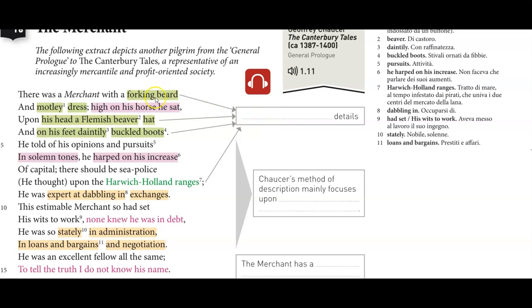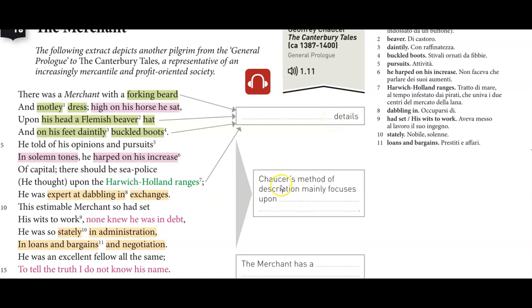Because we see forking beard, or motley dress, or his hat, he had a Flemish beaver hat, okay, buckled boots, so all realistic details, including the place, Harwich Holland Ranges. So it gives a precise reference to geographical details. Okay, so here you have to write realistic and concrete details.